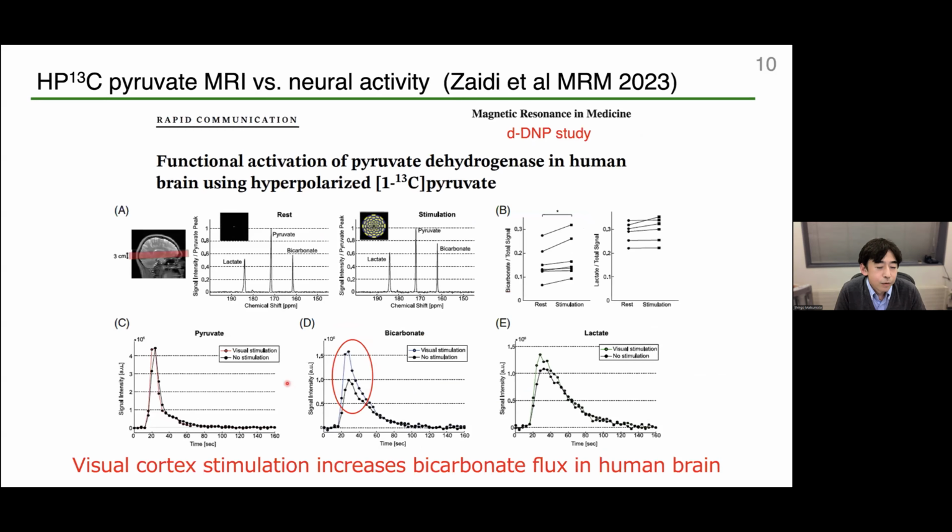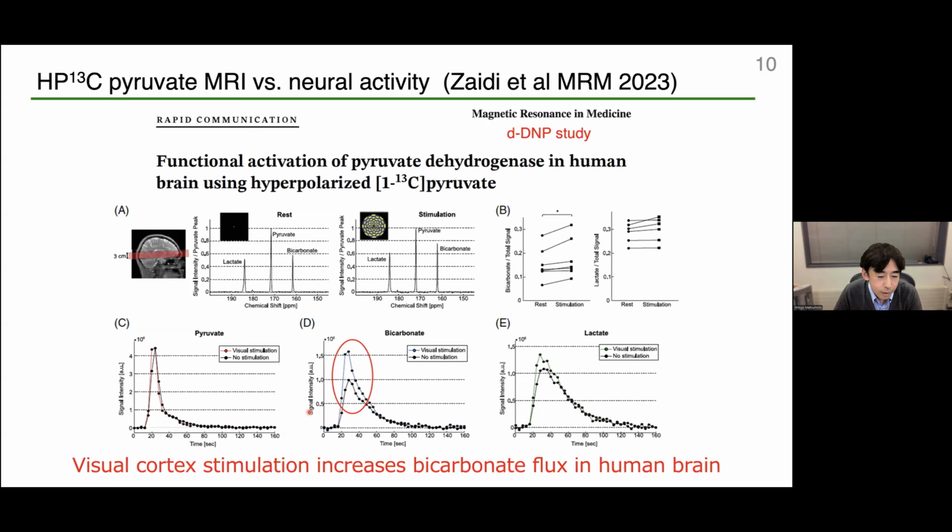And then recently, maybe some of you know, an interesting paper was published in the MRM, and here, during the hyperpolarized pyruvate MRI measurement, a visual complex pattern was presented to the subject, and this stimulates the visual cortex and leads to an immediate increase in the hyperpolarized bicarbonate flux in the brain.